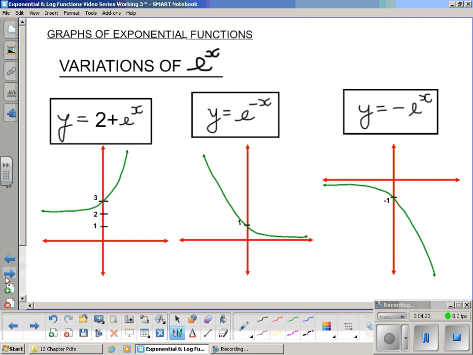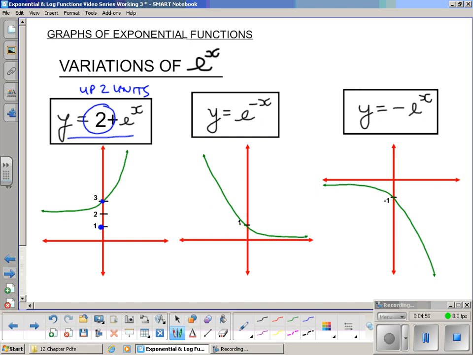Now we'll just have a look at a couple of variations of that. We have similar shapes here, but slightly different things are happening to the curve. Here in this first one, we have y equals 2 plus e to the x. You'll notice it has exactly the same shape as our y equals e to the x, but it's been moved up 2 units. Because it's moved up 2 units, instead of a y-intercept of 1, we have a y-intercept of 3.